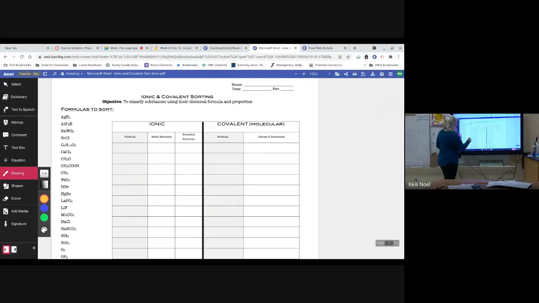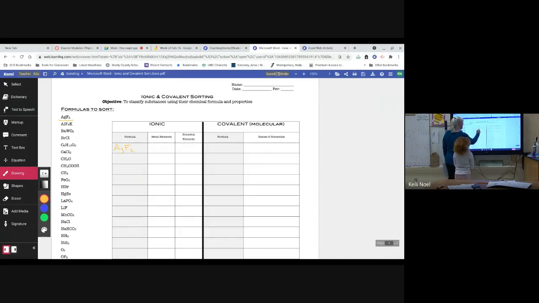So I know that this right here is ionic. So I'm going to write that. I'm writing, just it's easier for teaching purposes, but you would use your text box. It would probably be the easiest. Then you're going to say metal elements. Metal elements is the first one. You can put the symbol here or you can write it.